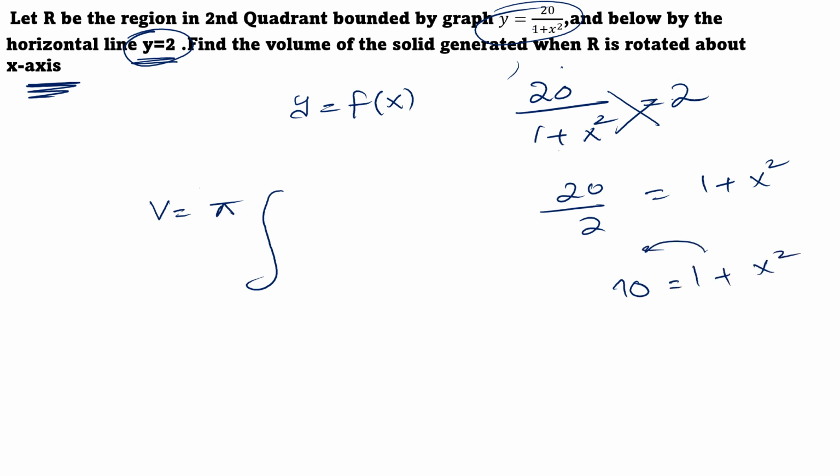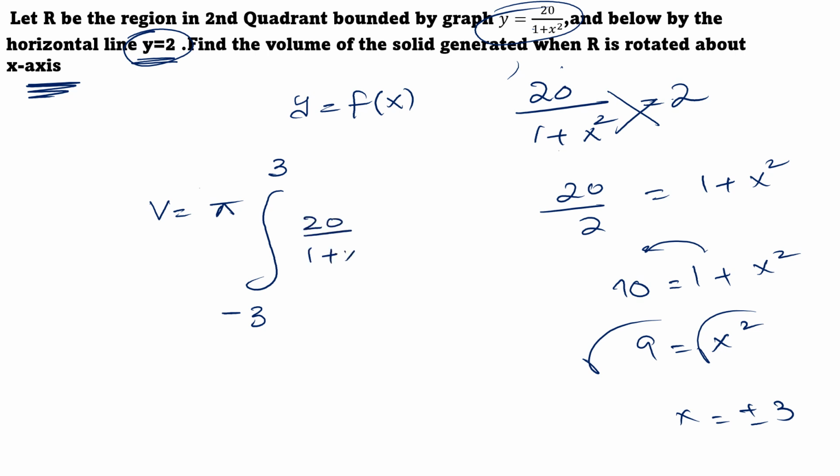Bring the 1 on the other side. So 10 minus 1 will give me 9. I take the square root on both sides. I will get plus minus 3. So my limits will be negative 3 till 3. Then the graphs: integral of (20 over 1 plus x squared) whole squared minus 2 whole squared dx.